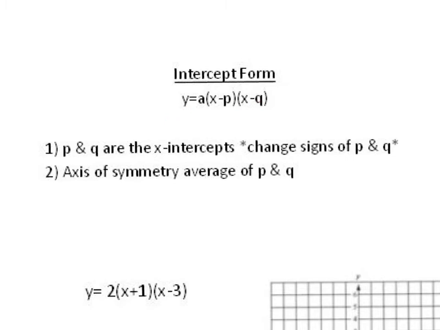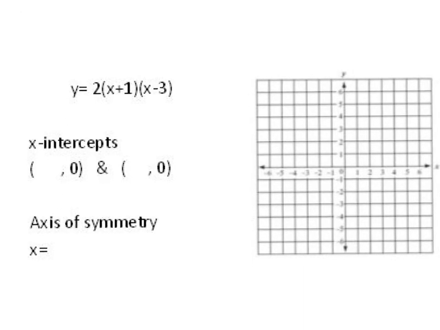Okay? And so P and Q, notice the signs are changed. See, P is an intercept, but up here I have a negative P, so we have to switch the sign. Same thing with Q. Q is an intercept, but we have to switch it. So if you look over on the right-hand side, we have an example there. If I look at this right here, this is telling me that -1 is an x-intercept.